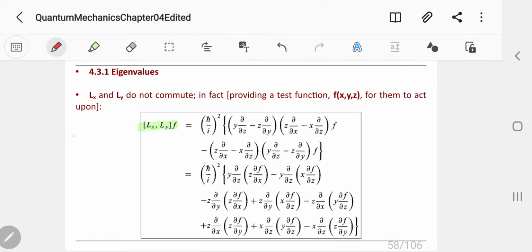The commutator, like in chapter 3 where we studied operators A and B, is just equal to AB minus BA. These are represented by matrices, for example, and this is the definition of a commutator.